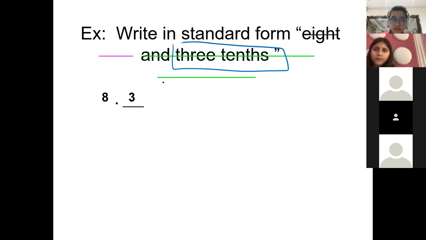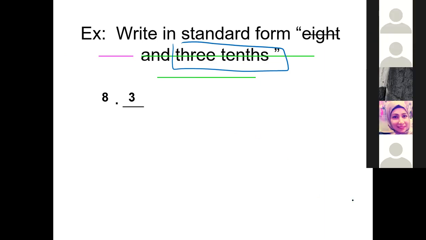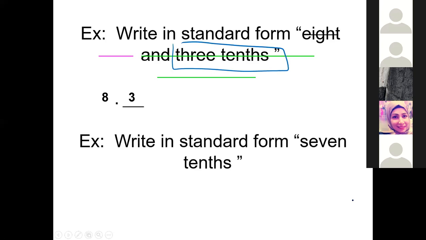Okay. Let me ask now Leen Atwi. Yes, teacher. Leen, 7 tenths. How do we write the decimal number? 7. What is 7 only? 7 tenths.